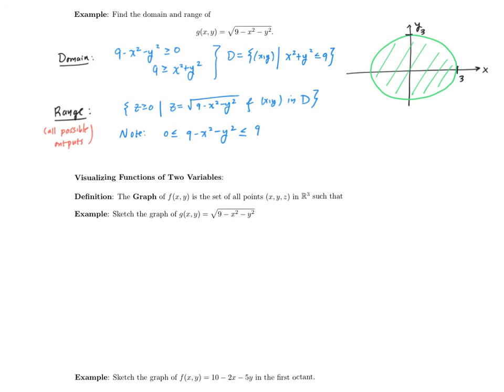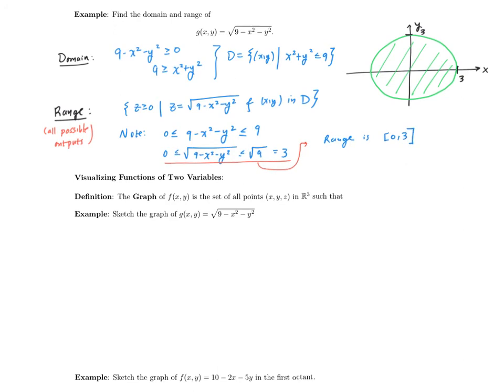So if we build up to what we want, the square root of 9 minus x squared minus y squared, well, if we take a square root of a number less than 9, the biggest it could possibly be is the square root of 9, which is equal to 3. And this is illustrating exactly what the range will be. The range is 0 to 3.